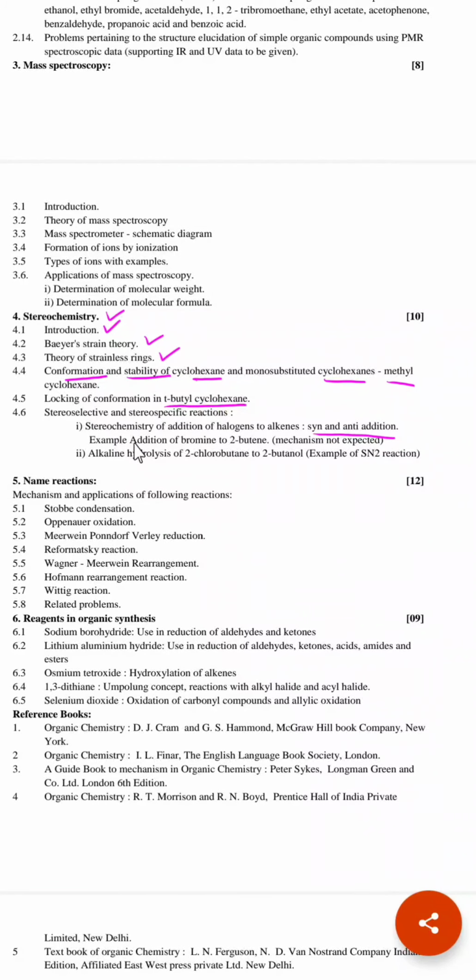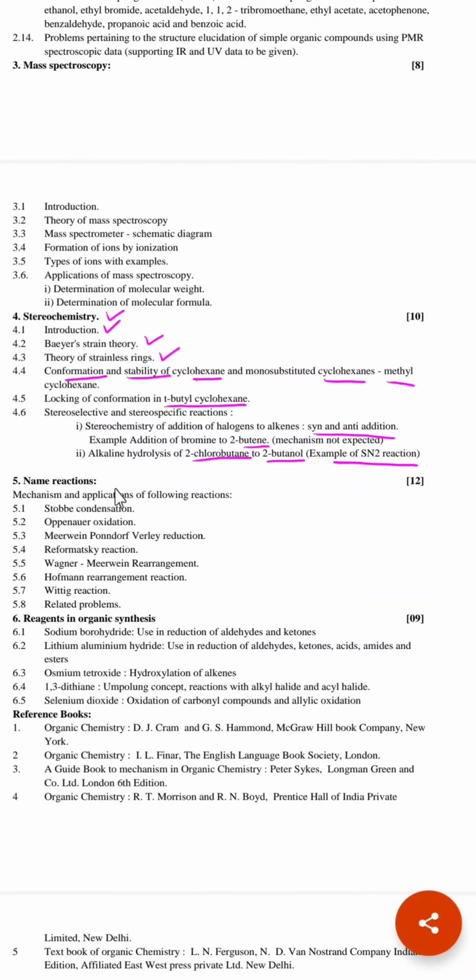The specific example of addition of bromine to butene, here mechanism is not expected, and alkaline hydrolysis of 2-chlorobutane to butanol, this is an example of SN2 reaction. These two reactions we will see in stereoselective and stereospecific reactions.